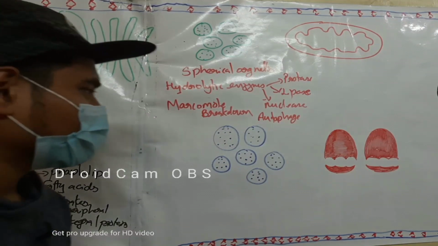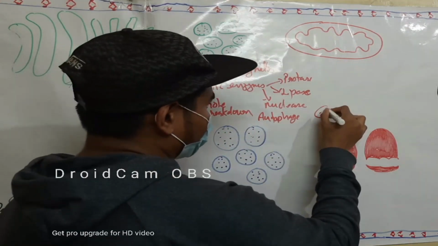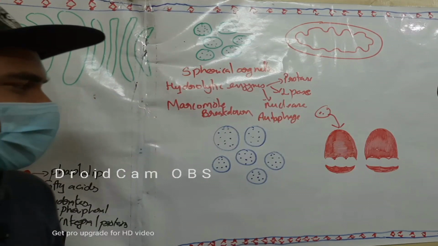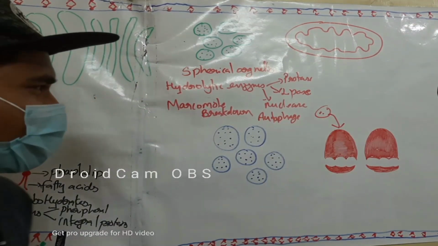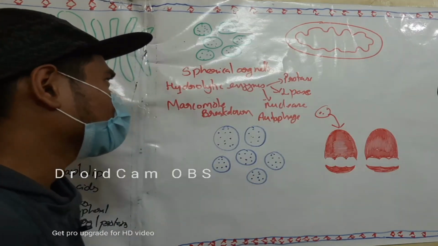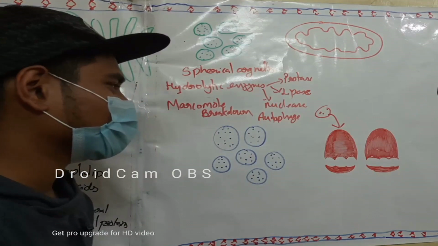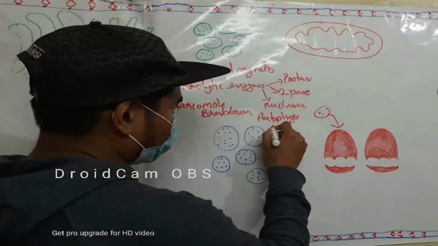For example, if these ribosomes are about to lose their functional activity, these lysosomes act on them. These ribosomes are generally made up of RNA and proteins. So the lysosomes use nucleases and proteases to digest these ribosomes, and this process is known as autophagy.